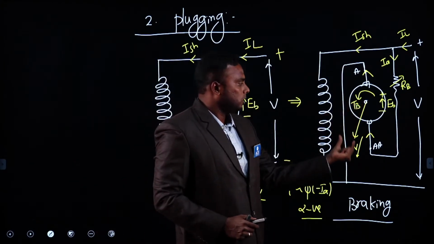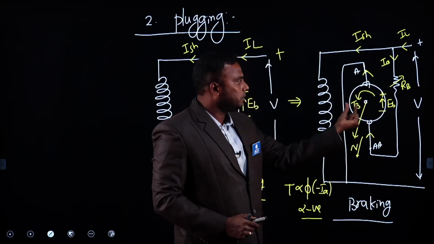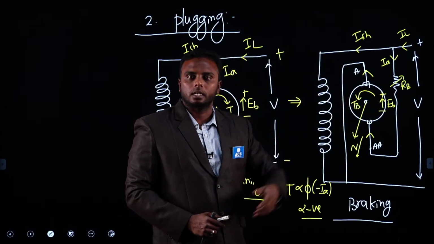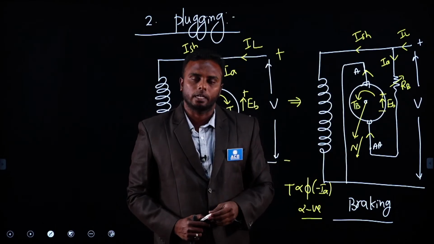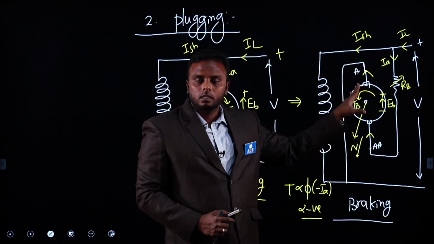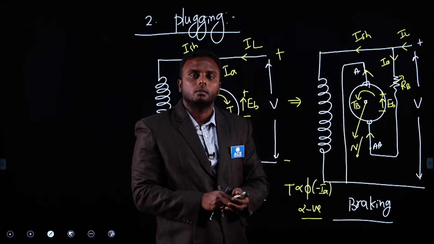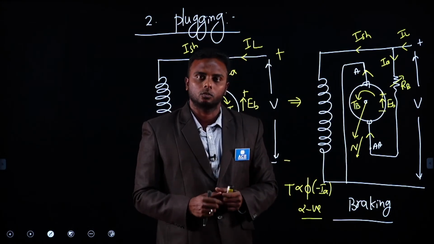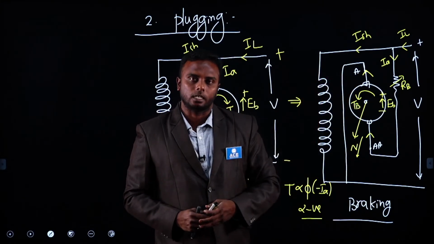After coming to 0, it starts rotating in reverse direction because torque is still produced in the same anti-clockwise direction. That is reverse operation of the motor again. But if you don't want that reverse operation, you need to remove the supply whenever speed reaches 0 and then apply mechanical brakes tightly so that the motor completely stops. Then it won't rotate in reverse direction.